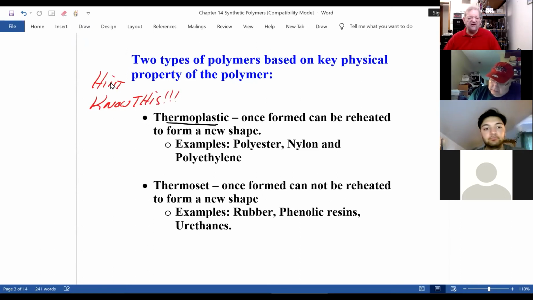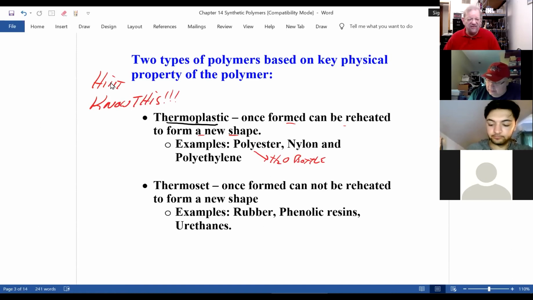A thermoplastic is a polymer that once formed can be reheated to form a new shape. An example would be once you make the polymer, you can make it into a water bottle, and I can heat the plastic up again and reshape it into a different type of bottle or something else.